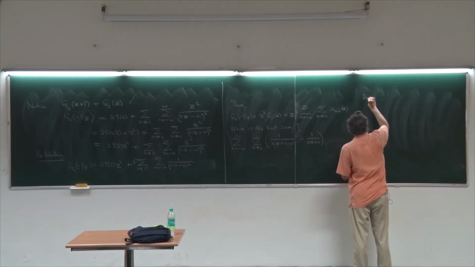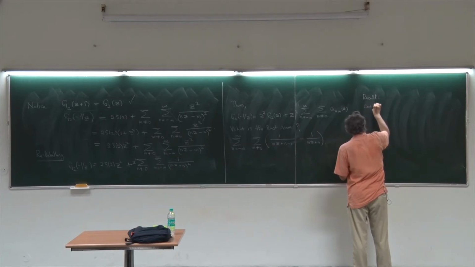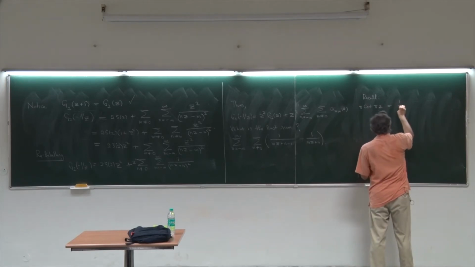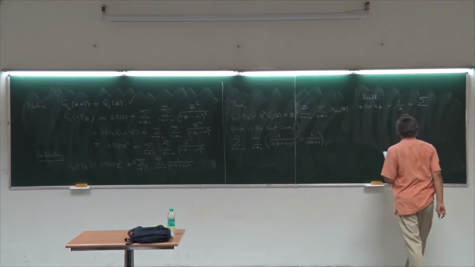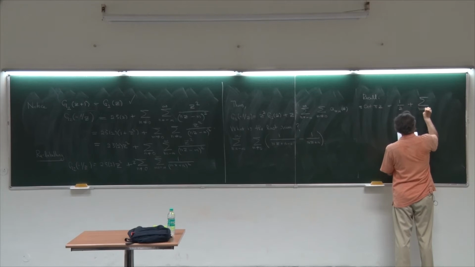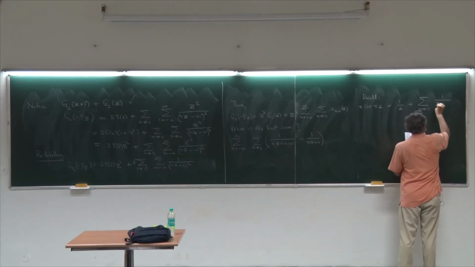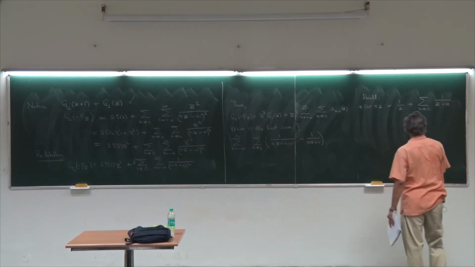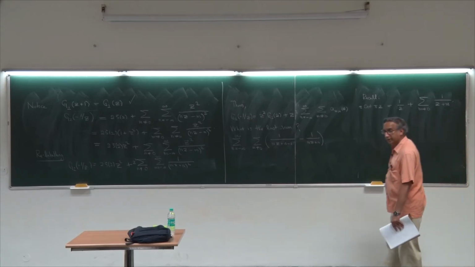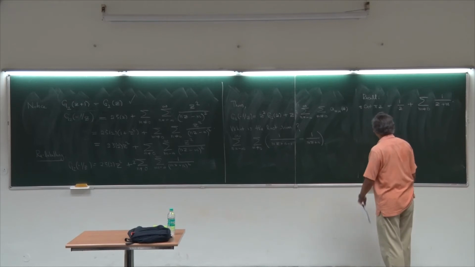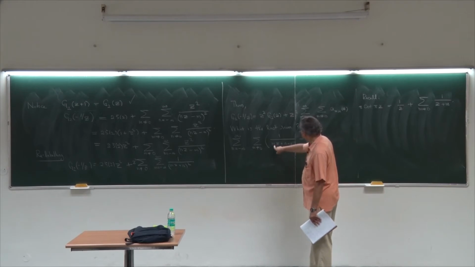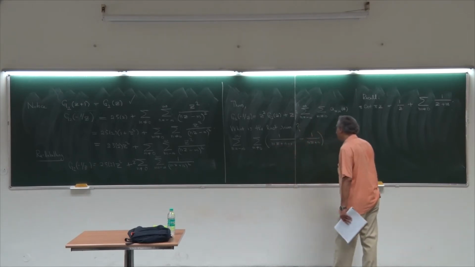So recall that we met this last week. This is a sum over m not 0, so I might want to make it look like that, with n being fixed.